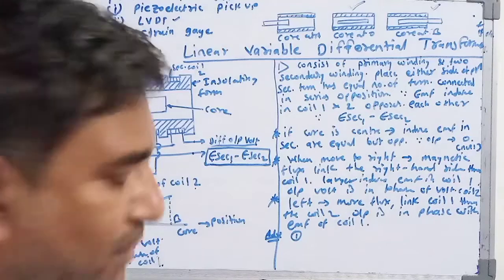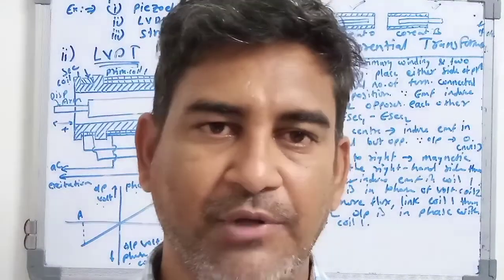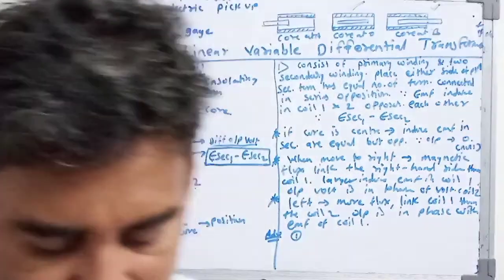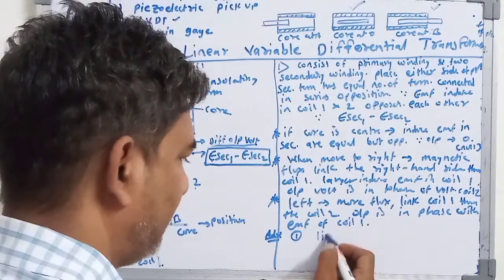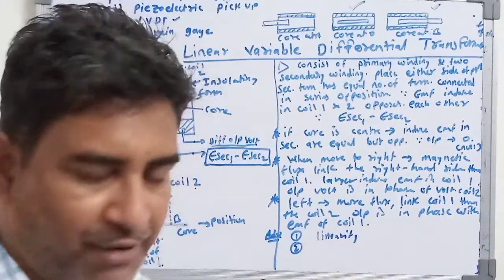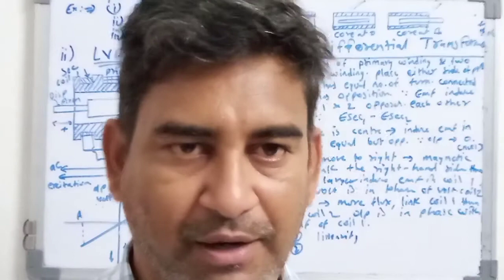After that, there are the advantages. As the core moves from one place to another and vice versa, the first advantage is linearity. The second advantage is low power consumption.